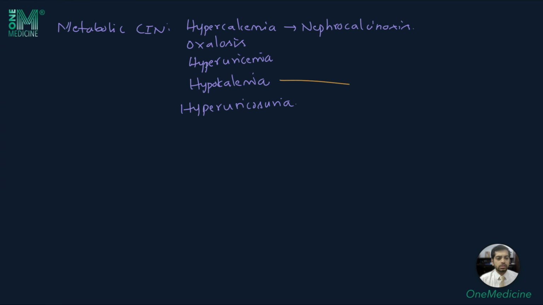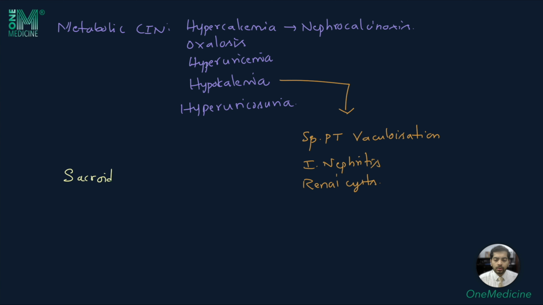The renal pathologic changes associated with hypokalemia include specific proximal tubule vacuolization, interstitial nephritis, and renal cysts. Other causes of chronic interstitial nephritis include sarcoidosis, Sjogren syndrome, radiation exposure in radiation therapy, and chemotherapeutic agents including ifosfamide and cisplatin.